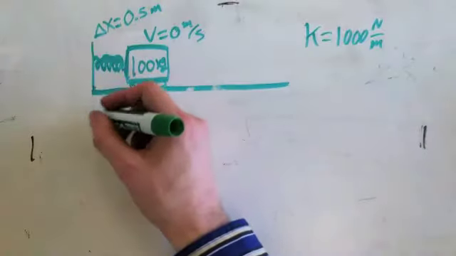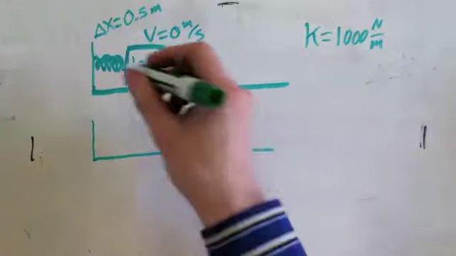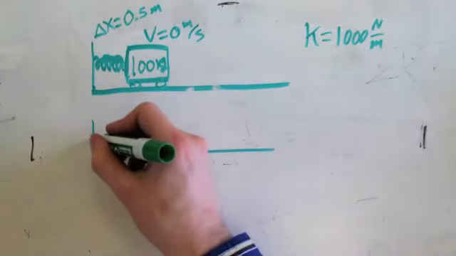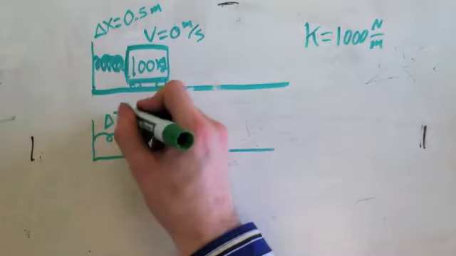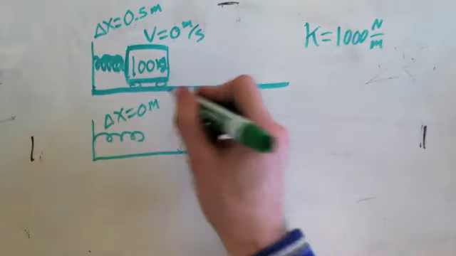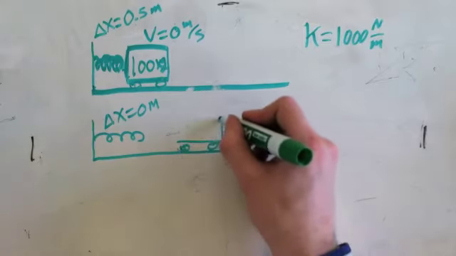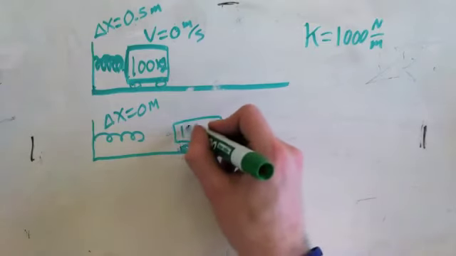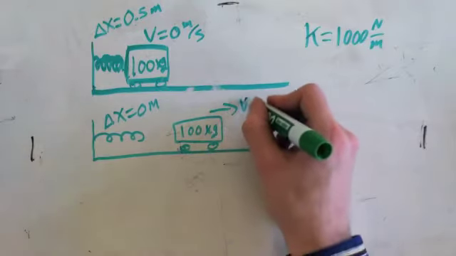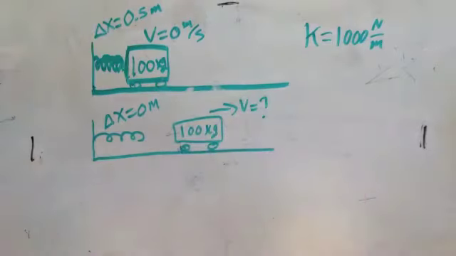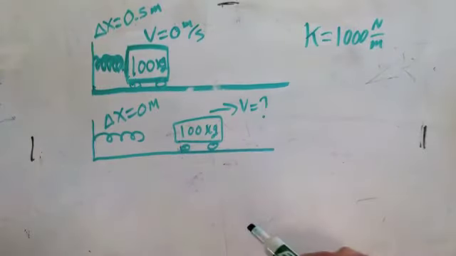Now, sometime later, the spring releases, so now it's become uncoiled, so its delta x is 0, and now the cart rolls away. Still hasn't lost any mass, but it rolls away at some unknown velocity. We want to try and solve this velocity.